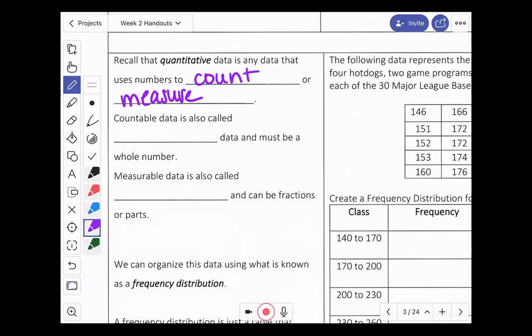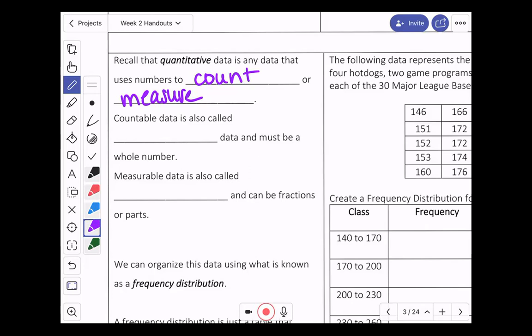When we count the data, what do we call that again? Can you remind me? Can y'all remind me what we call countable data? It started with a D, I think. You were right, it did start with a D. Discrete.